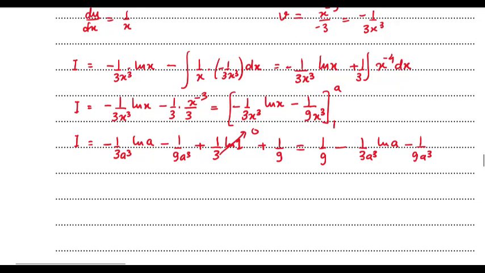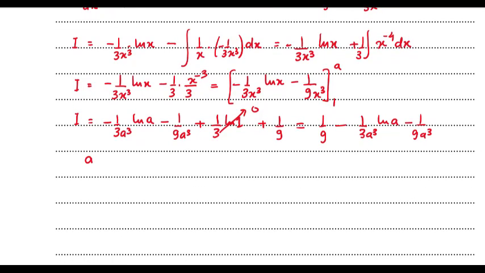So we can see that it was given that a is greater than 1. A greater than 1 means ln a is greater than 0, and 1 upon 9 a cube is also greater than 0. 1 upon 3 a cube is also greater than 0. It means the whole I is going to be 1 upon 9 minus something greater than 0.